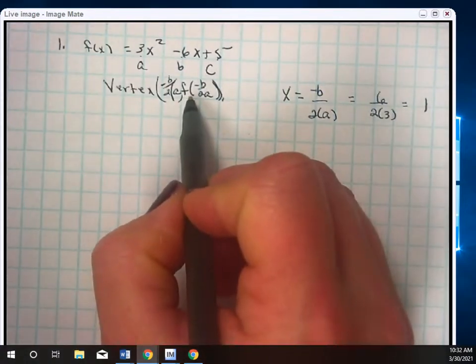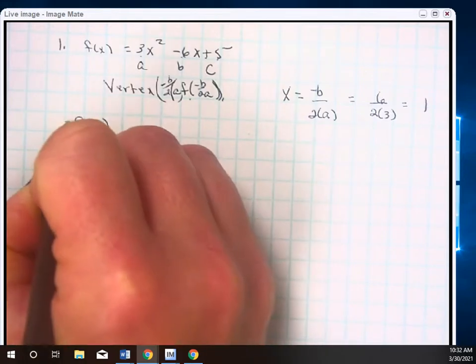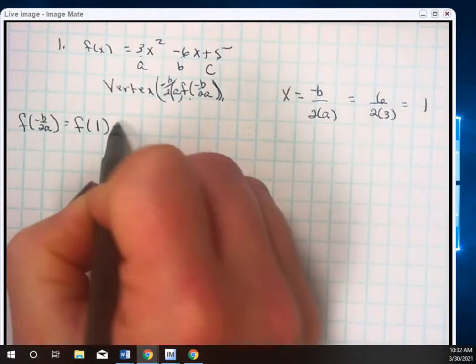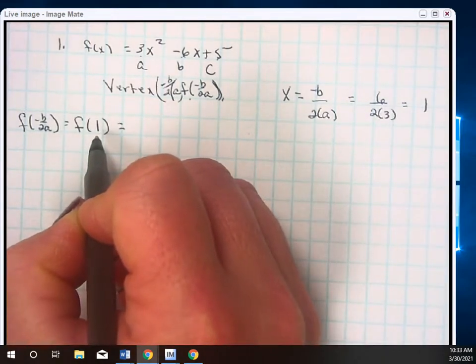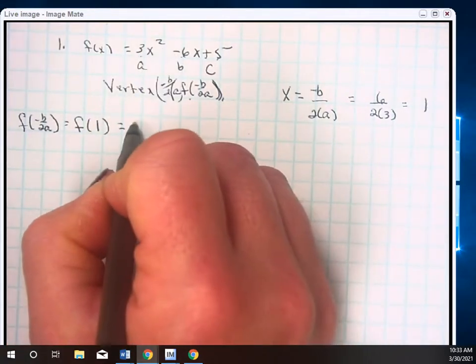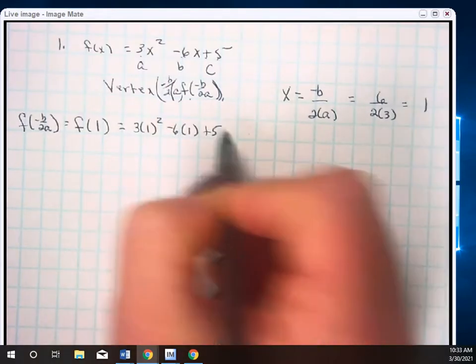Now I need to do this f of 1, which is the f of the opposite of b over 2a. This is function notation. What do I do with it? Plug it into the original equation for the 1. For the x.